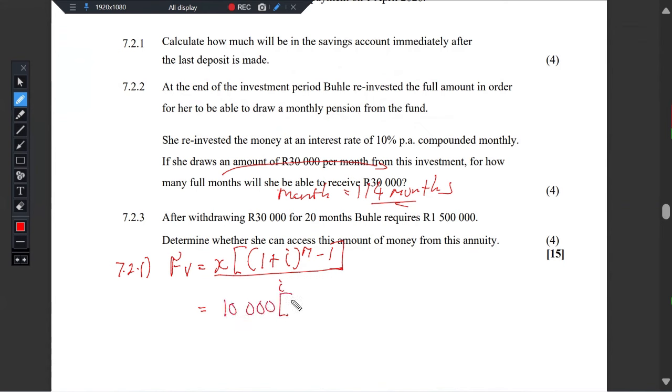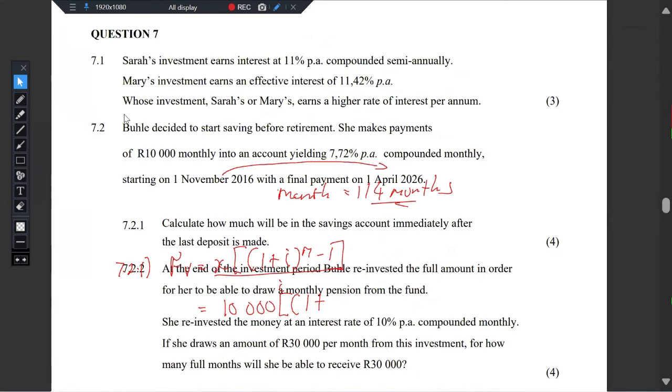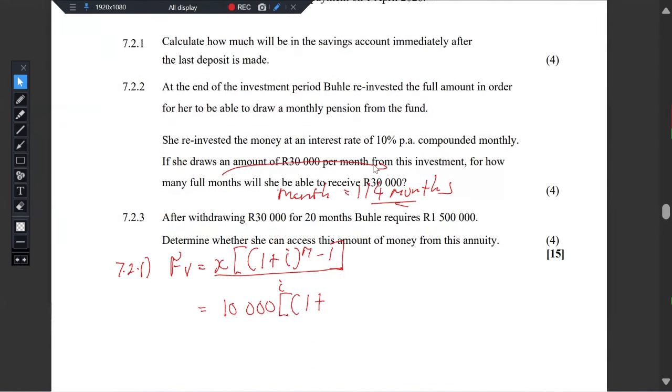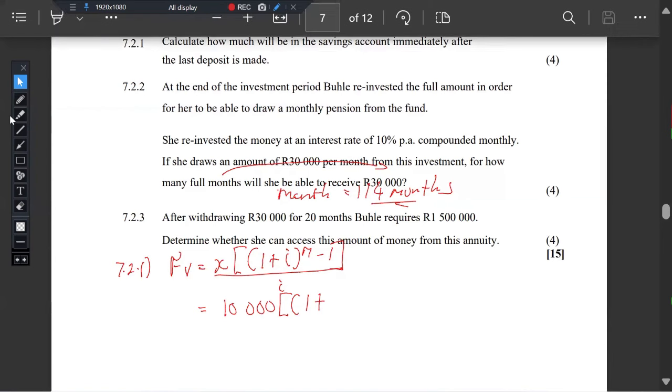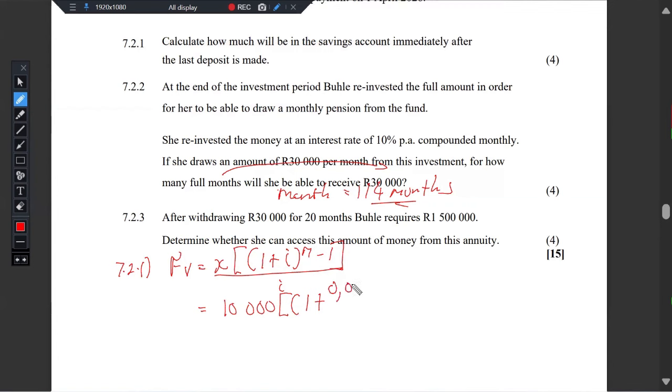So 10,000, and then we have 1 plus the interest rate that we are given, 7.72%. That is 0.0772, because we first divide by 100, then divide by 12, and then all to the exponent of 114 months, then minus 1, and then all over 0.0772 divided by 12.